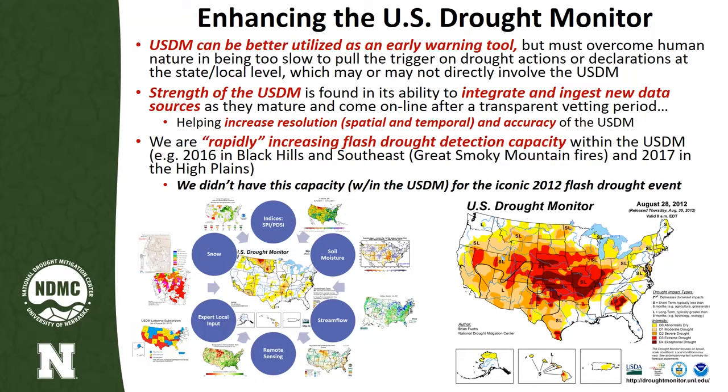The forecasting element is still very difficult, but improving. These blue circles here on the diagram on the bottom left show what can be ingested into the drought monitor. We have a lot of new products in each of those areas that are coming into play with machine learning and GIS to make the drought monitor more accurately reflect these droughts.